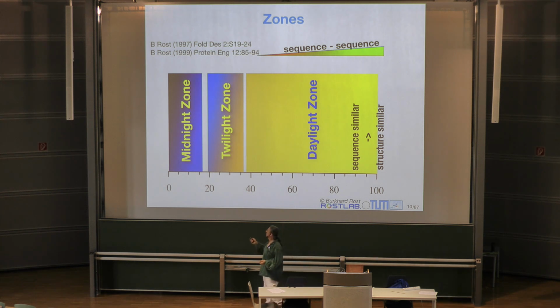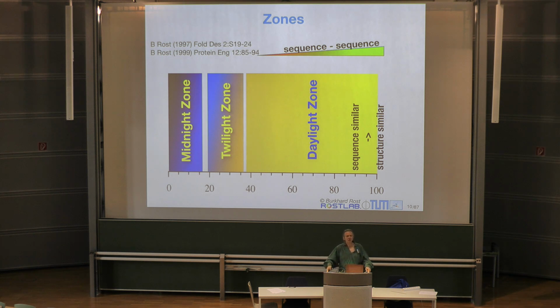People try to intrude into this, but this is where we, with our best efforts, can get in. And the relative proportion of these zones is correct. While the precise number, is it 40, 42, 35 or whatever, is not relevant, what is relevant is that most of it, in terms of percentage sequence identity, is daylight. And I showed you briefly that there's a phase transition in the twilight zone. So in the twilight zone, things rapidly change.